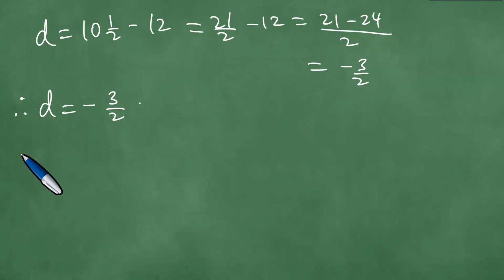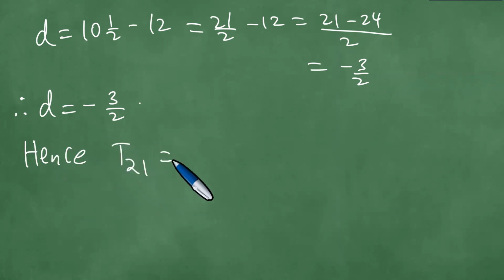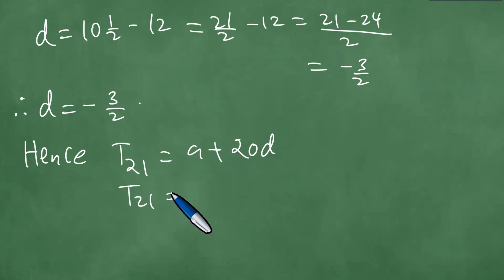Right. Hence, the 21st term, we saw that is A plus 20D. We just got that one. And then we have here A, the first term, is 12.